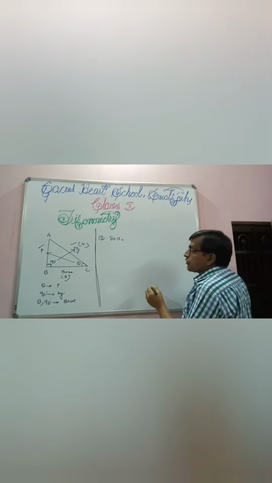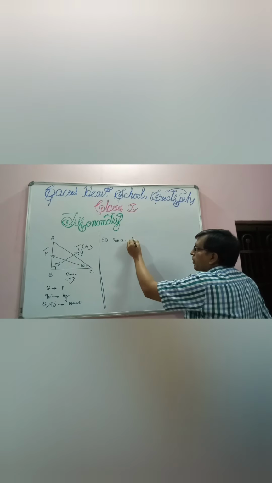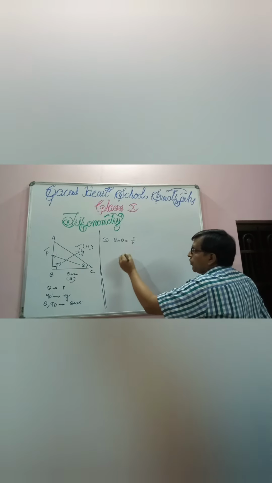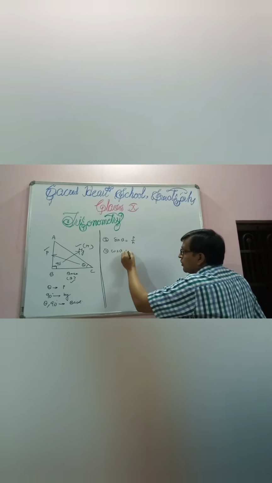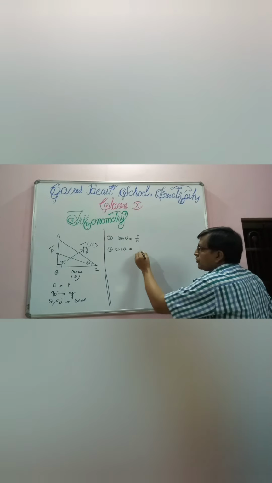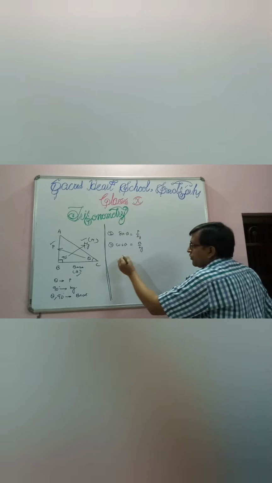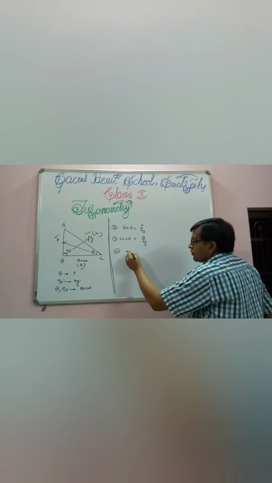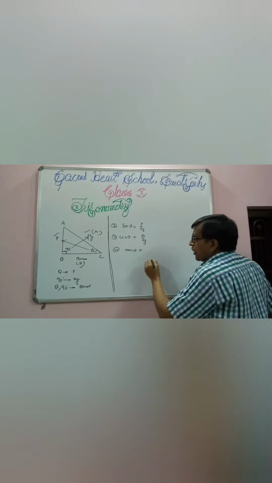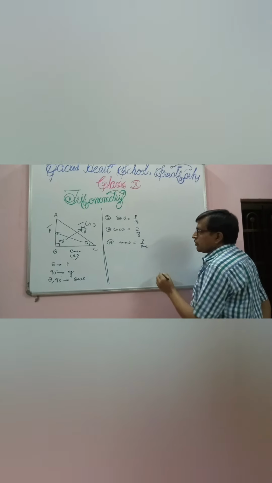The first trigonometry ratio, sin theta, is perpendicular upon hypotenuse. The second ratio, cos theta, is base upon hypotenuse. Third, tan theta is perpendicular upon base.